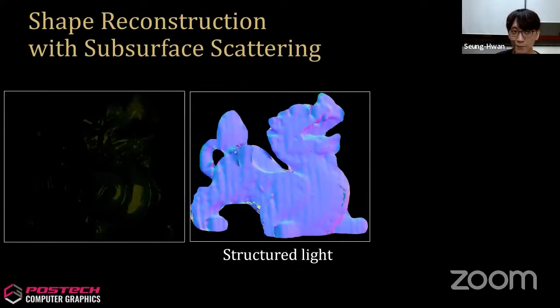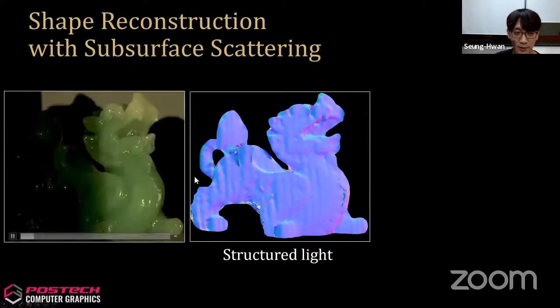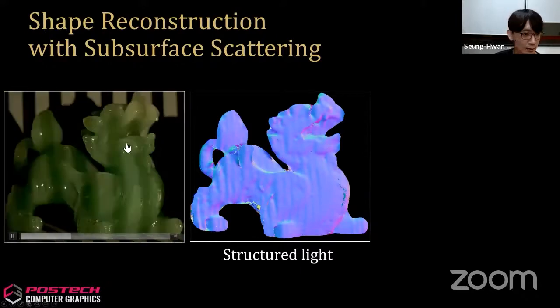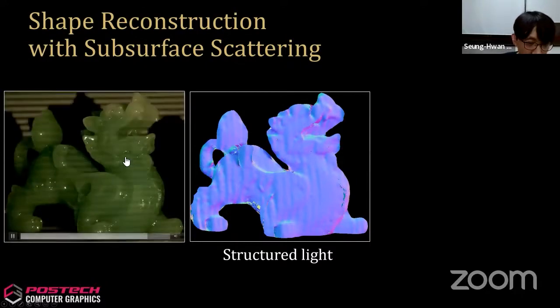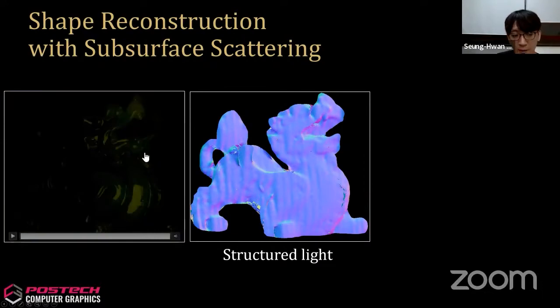The first one is the shape reconstruction. As you just saw on the left side, we have the dragon that consists of a really translucent material, which complicates the reconstruction of its shape using conventional techniques. For instance, in the middle, this is the reconstruction result of its surface geometry using structured light, which is one of the de facto 3D scanning methods.